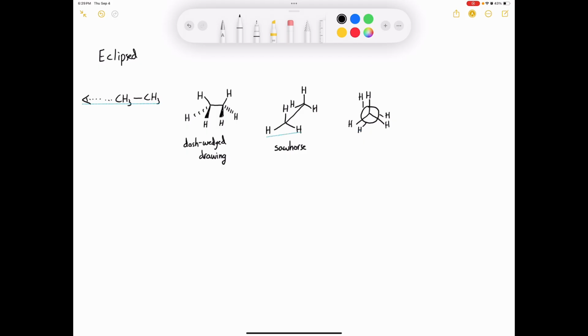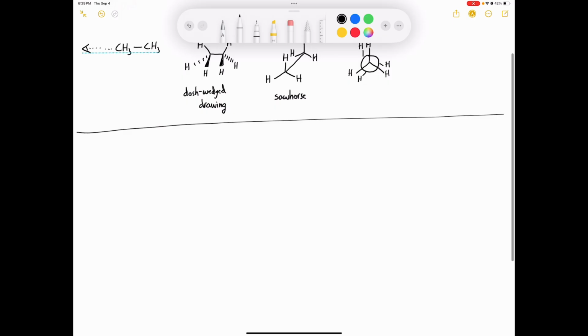So the staggered forms and the eclipsed forms have different energies. They have different stabilities. One is more stable than the other, and there are a few factors that contribute to this. So let's draw a line under here, and we'll talk about the first one. The first major factor for why eclipsed is not as stable is torsional strain.